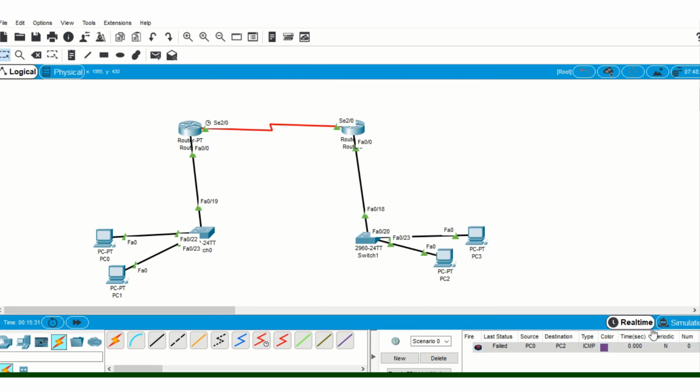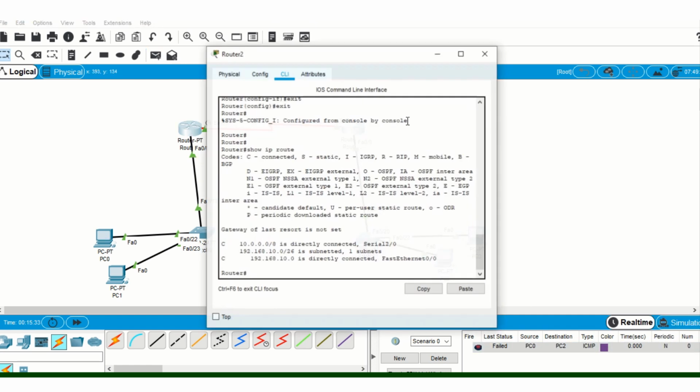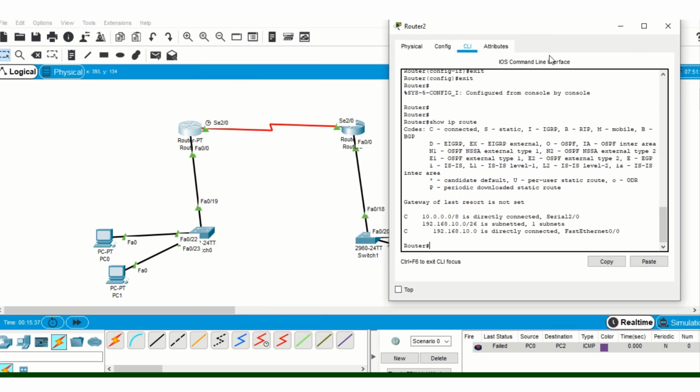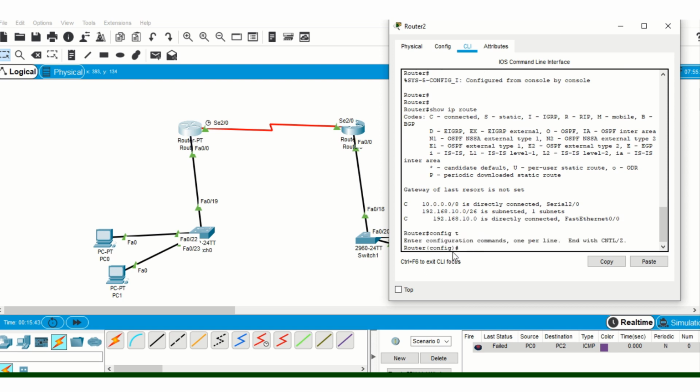Why? Because we haven't done any routing. So I will use static routing. Config T. In static routing, we add the network addresses of all the networks except those that are directly connected.